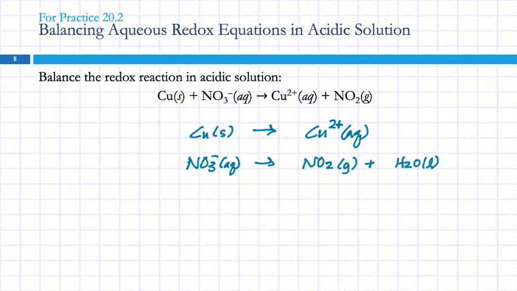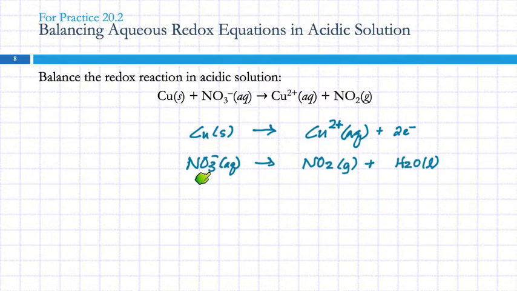And we're not making stuff up here because it's an aqueous solution. There's so much water compared to how much nitrate there is. That's our mass balance. Then we do our charge balance. So here we've got 0 on this side and plus 2 on that side. Where do I put the electrons and how many do I need? I'm going to need 2, and I need to put them over here, yeah? 2 negatives, 2 positives, overall 0.